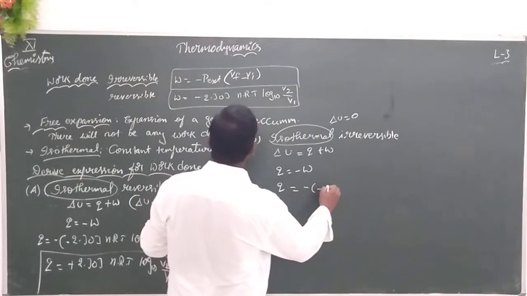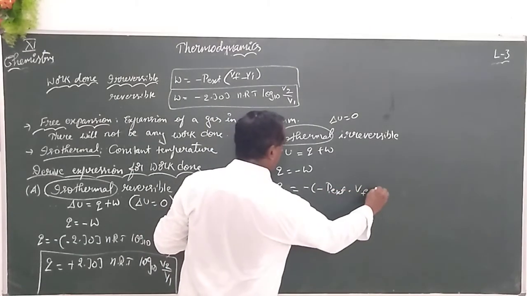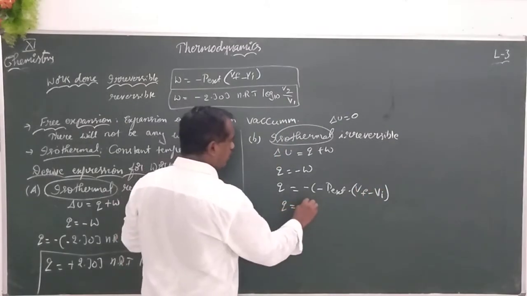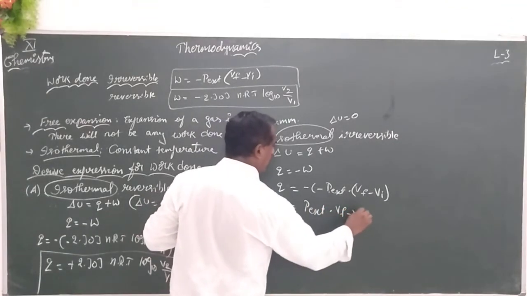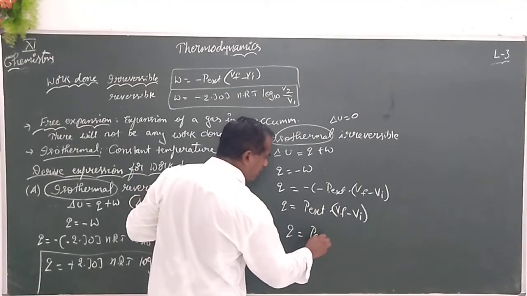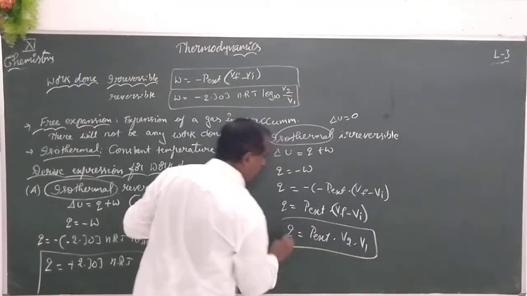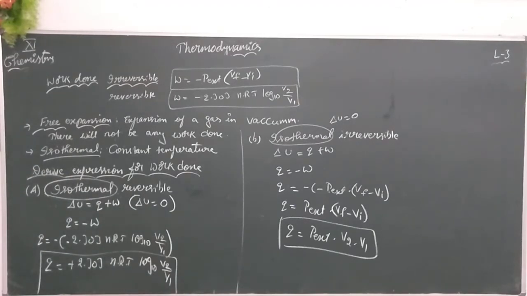So we can write Q is equal to P external into V final minus V initial, or the same as P external into V2 minus V1. So these are the two derivations for the work done during isothermal irreversible and reversible expansion.